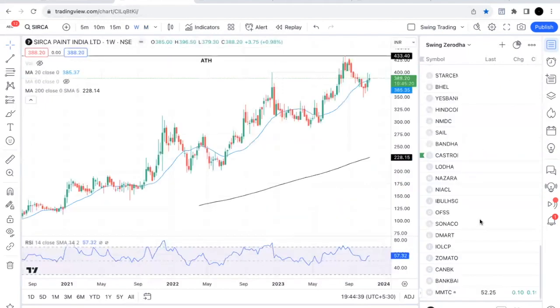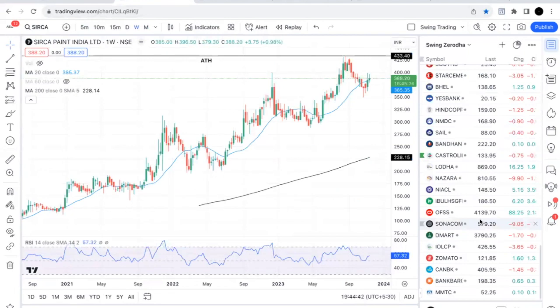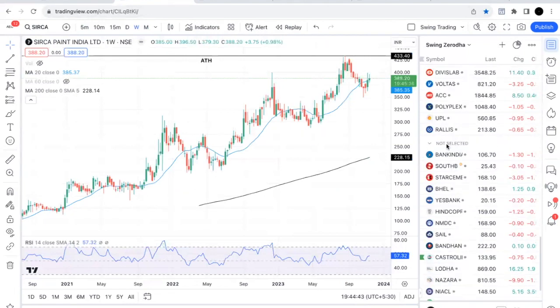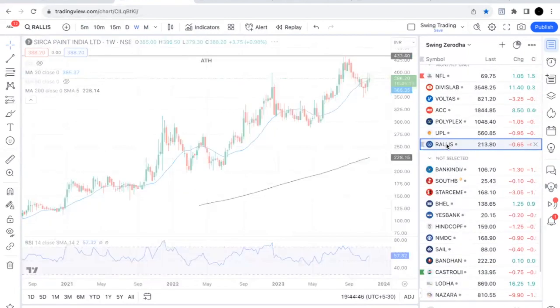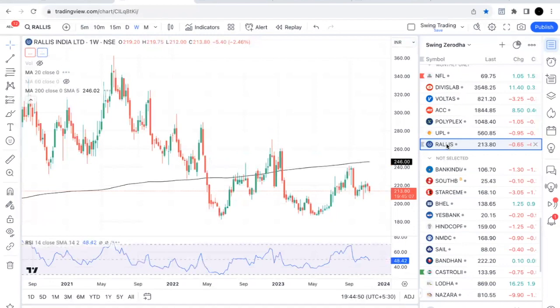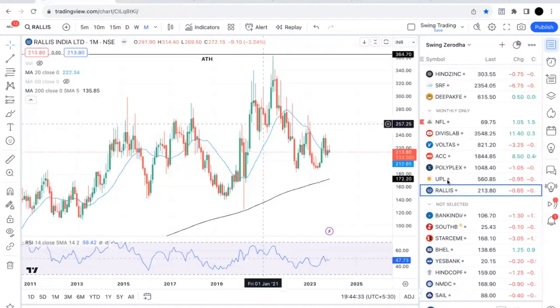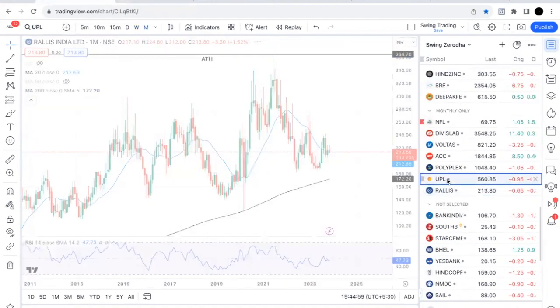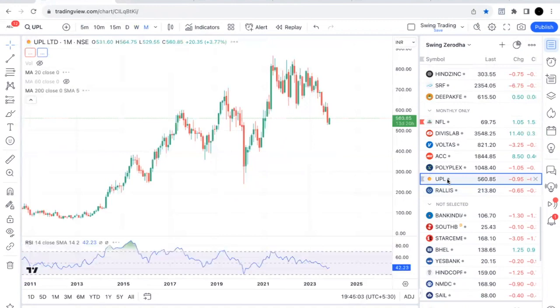Let's see. Here's Rallis on the weekly chart. Okay, monthly chart, it was looking all right. On the weekly chart, look what's happening with Rallis. Okay, so it's not looking good. Another one, UPL on the monthly, it's looking good.